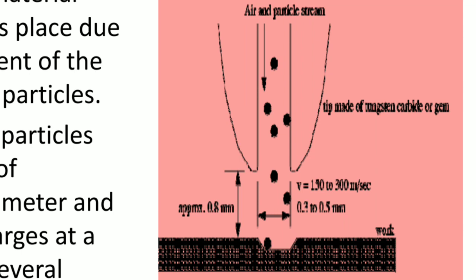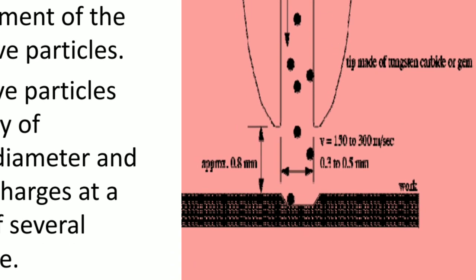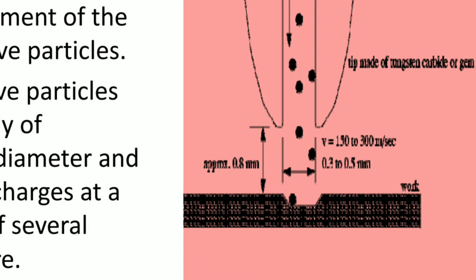The velocity will be approximately 150 to 300 meters per second in abrasive jet machining, and the kerf width, the width on which the nozzle will be focusing, is 0.3 to 0.5 mm, much smaller than a conventional machining process.